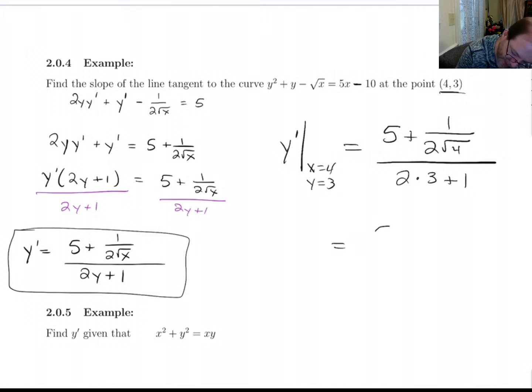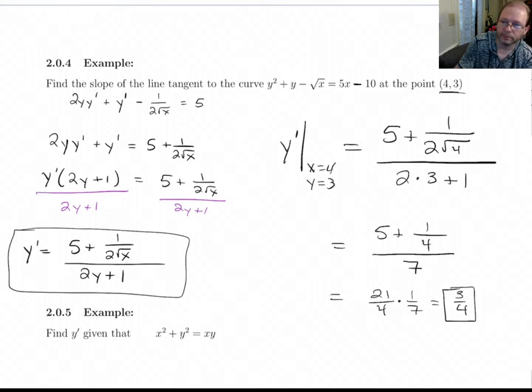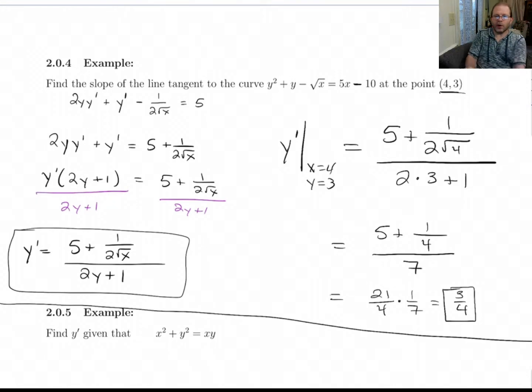So that's 5 plus 1 over, square root of 4 is 2, 2 times 2 is 4. On the bottom I've got 7. So that's 21 over 4 divided by 7. So that's 3/4. That's our slope.